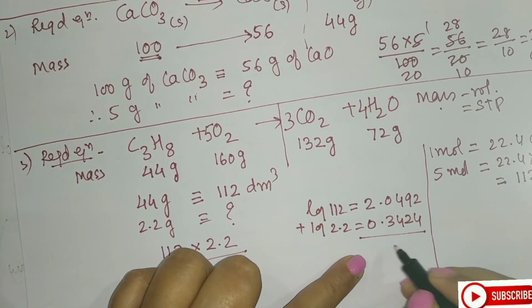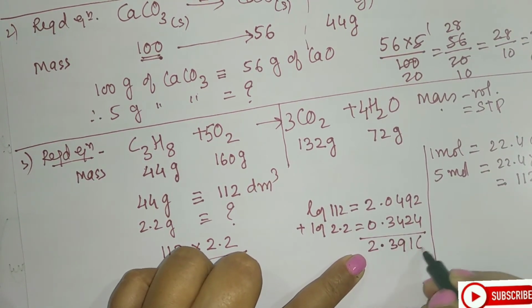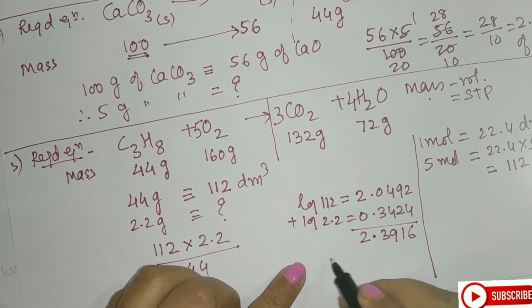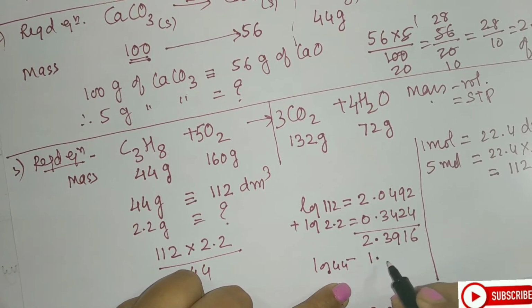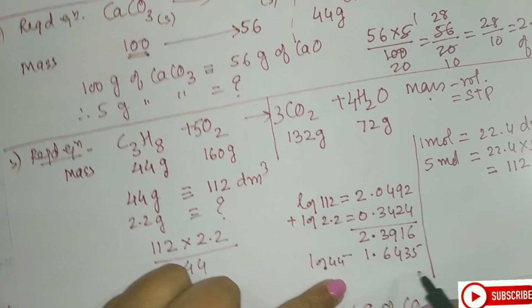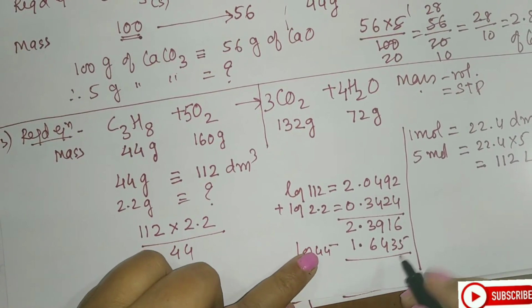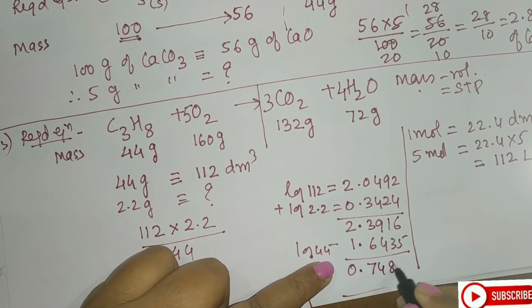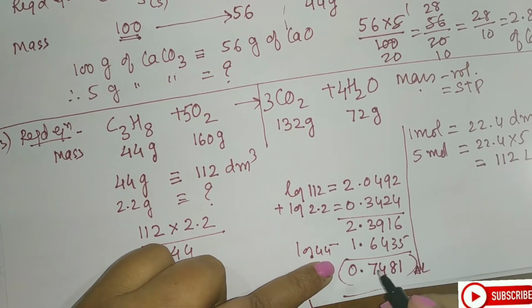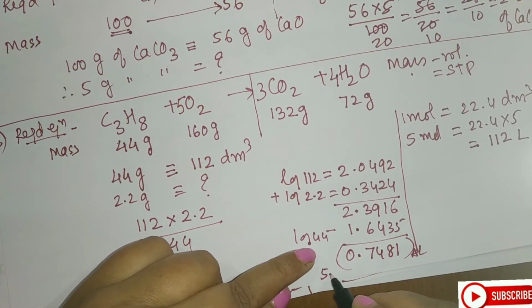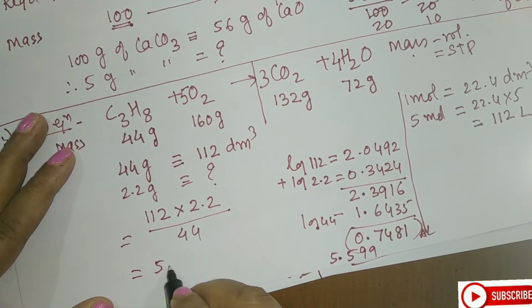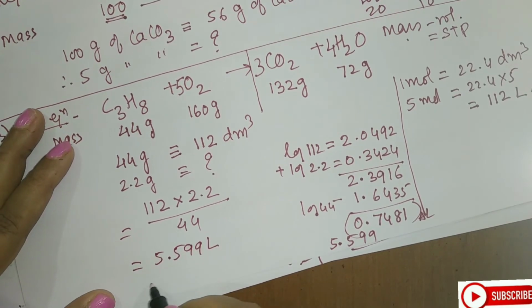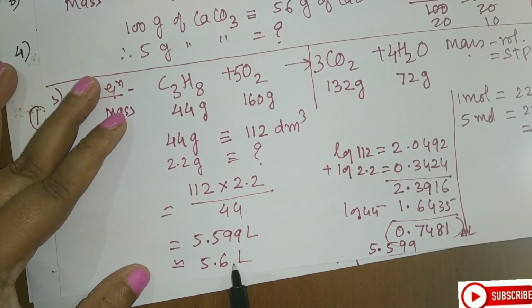So the total will come to 2.3916 minus log of 44, which is 1.6435. So the difference will come to 0.7481 and the anti-log will come to 5.599. So your answer here is 5.599 liter or nearly 5.6 liter. I have rounded this off to 2 digits.